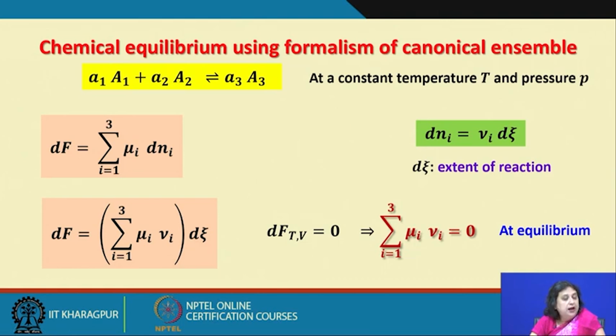As a result, I would say that the equilibrium condition for this chemical reaction mixture is that I look at the stoichiometric coefficients in the balanced chemical equation for each component in the reaction mixture, multiply it with the corresponding chemical potential, and then I sum over all such components present in the reaction mixture.